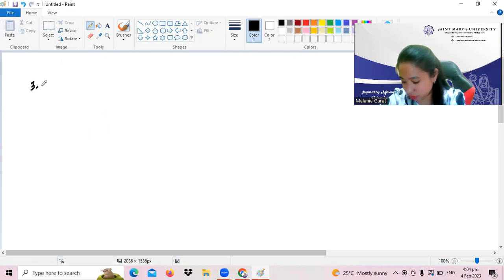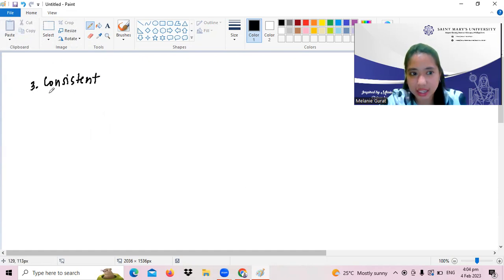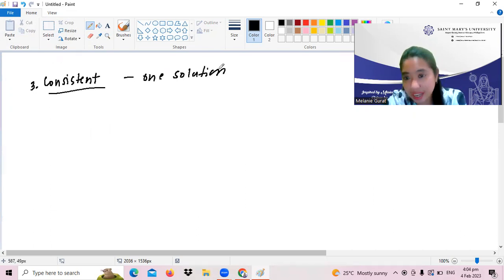So let us consider the third type, which is the consistent type. For the consistent type, it contains only one solution, which means equation 1 will intersect at exactly one point with, of course, our equation number 2.